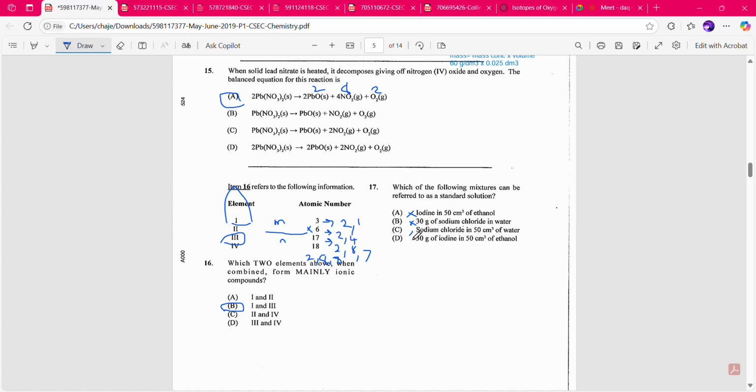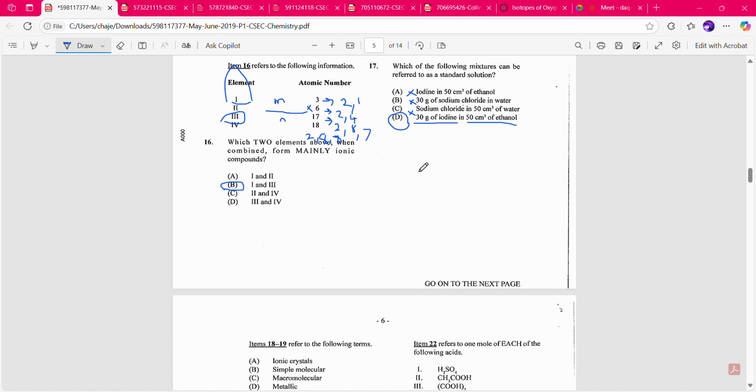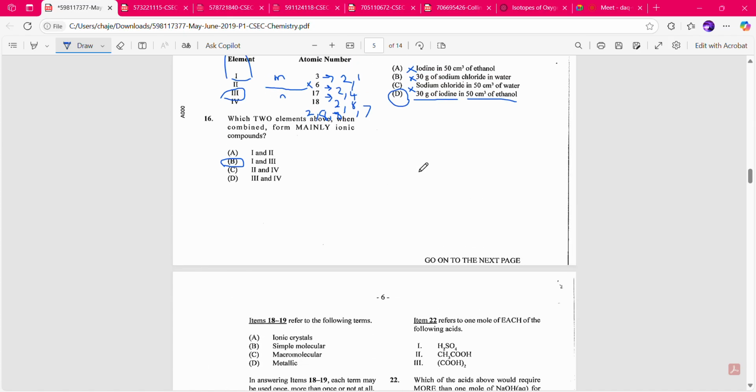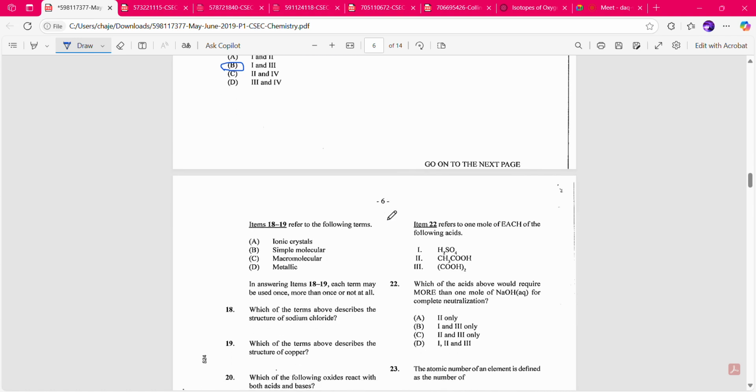C, sodium chloride in 50 centimeters cube of water. No, this is wrong. We don't know anything about the sodium chloride. And D, now notice it gives us 30 grams of iodine and 50 centimeters cube of ethanol. Right? We know everything that we need to know. So 17 is D. And this can actually lead us into knowing the mass concentration of the iodine. Why I said that? Because we know the mass and we know the volume, which can lead us into mass concentration calculations.